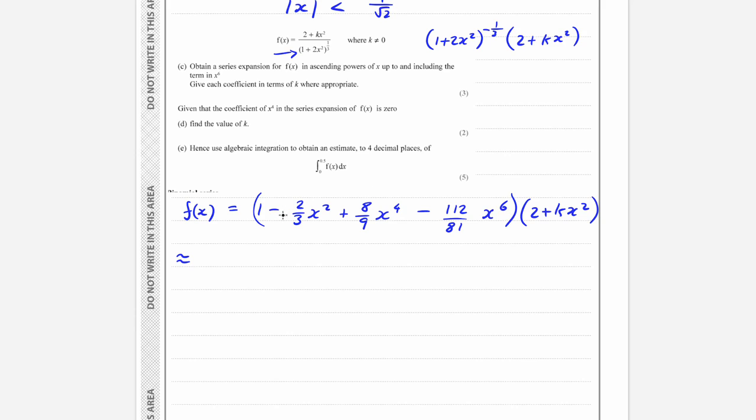So the 2 times all of this will be firstly the 2, minus 4 over 3 x squared, 2 times this, plus 16 over 9 x to the 4, 2 times this, minus 112 times 2 is 224, 224 over 81 x to the 6.